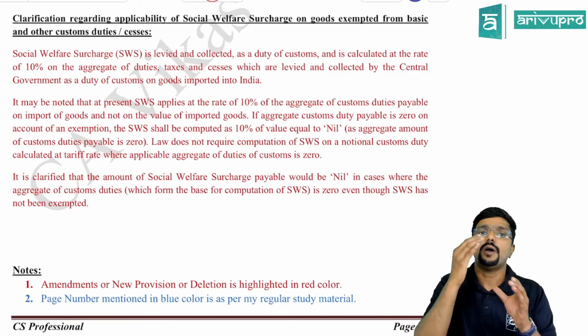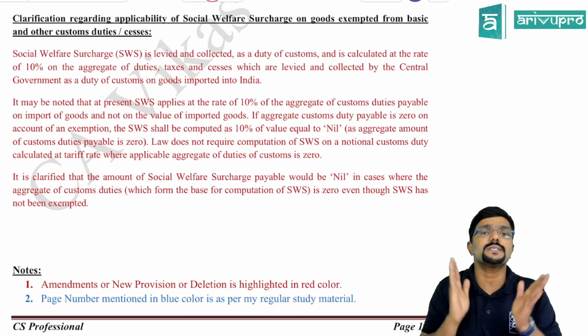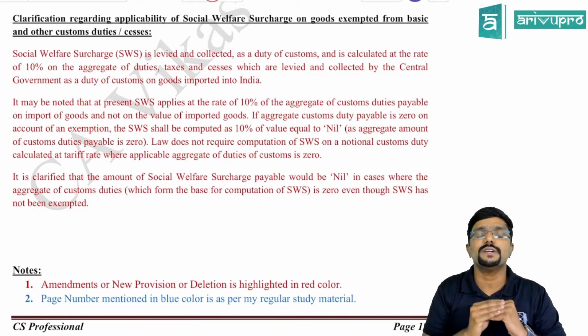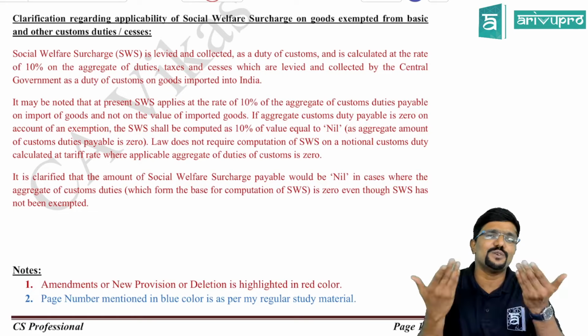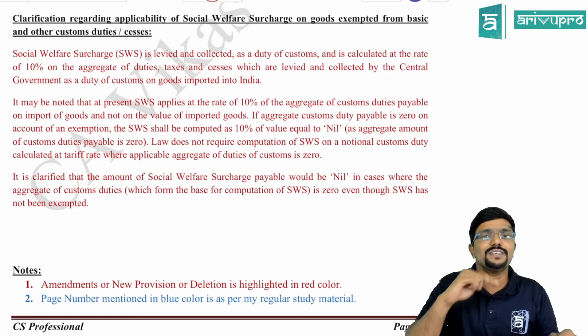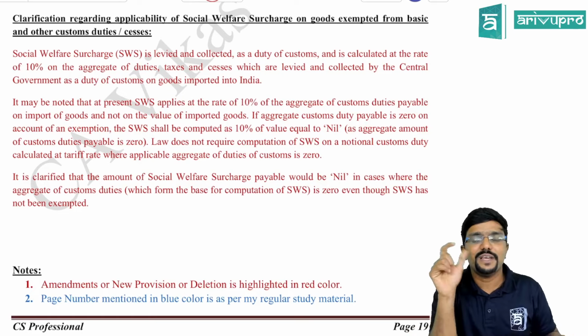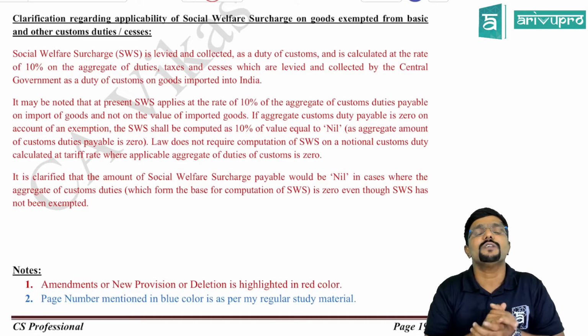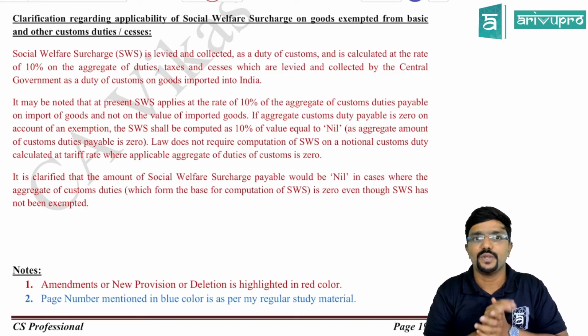Simple, guys. On import of any goods, if basic customs duty is exempt, then should we calculate the social welfare surcharge? Yes, if you calculate also, you will get zero. Why? Because 10% of zero is zero, no? Because basic customs duty is exempted on a particular import. In that case, the social welfare surcharge also will be zero. You need not do any notional calculation in that case.